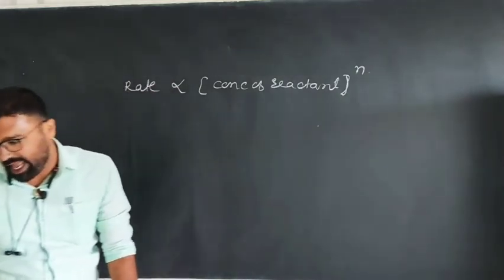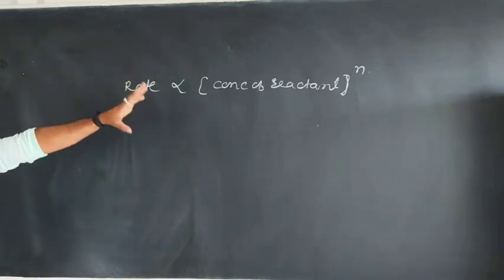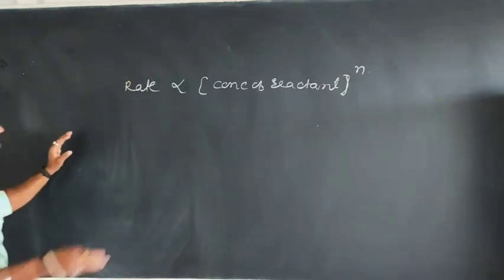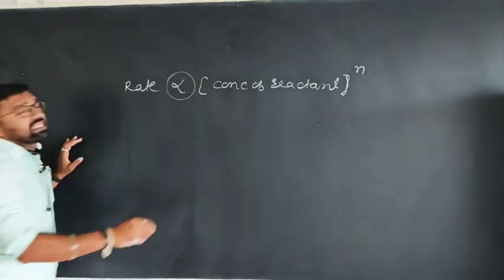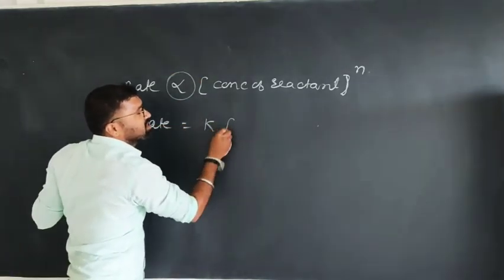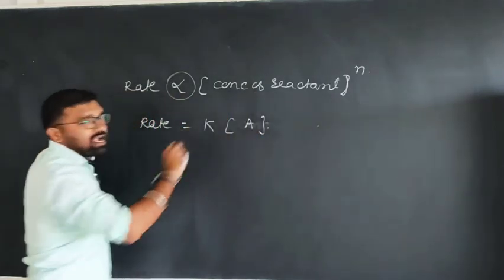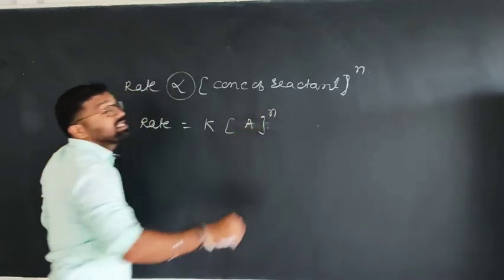To remove the proportionality symbol, I can write rate is equal to rate constant times the concentration of reactant, where the reactant A has exponential power n.